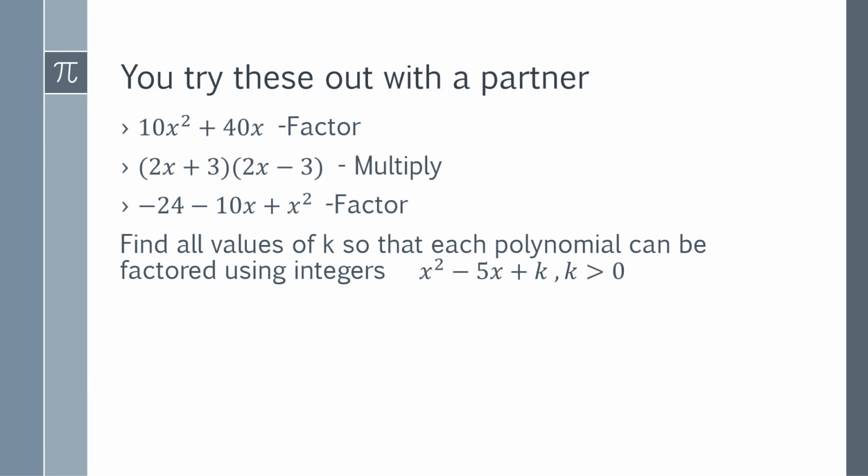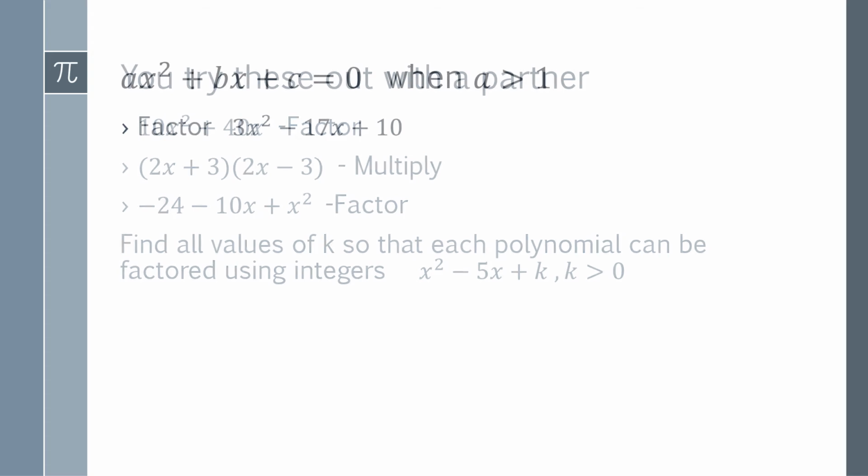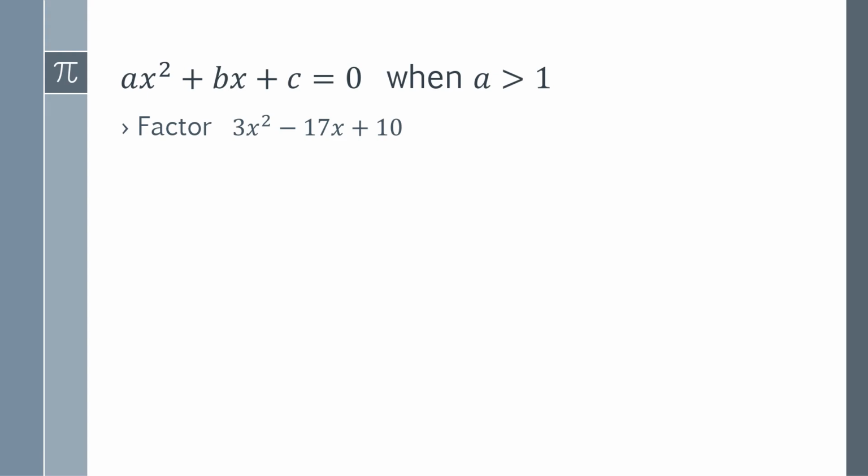All right. Try this out with a person, and you tell me what's good. All right. Now, we got some complexities going on. In the previous example like this, standard form, A was just equal to 1.